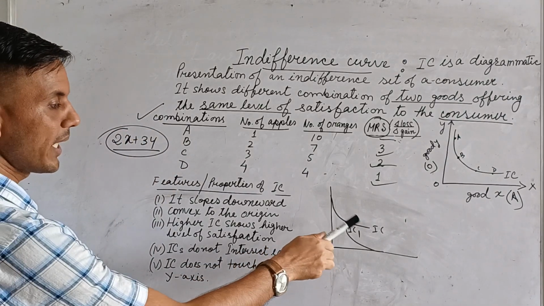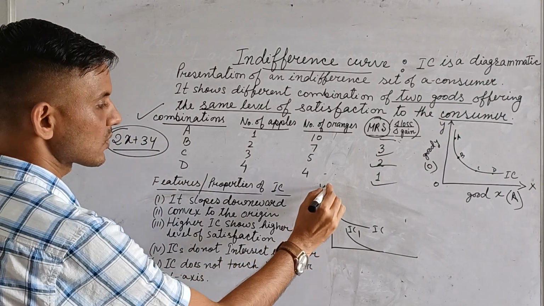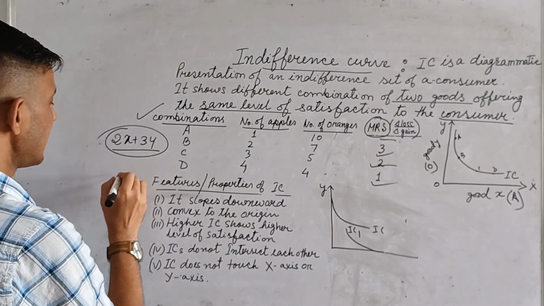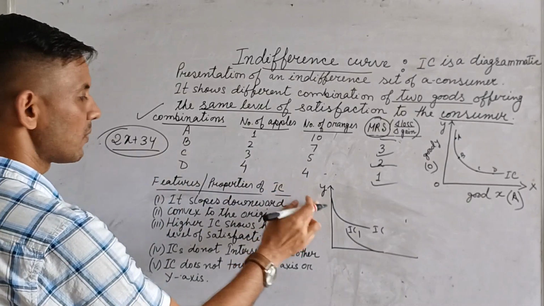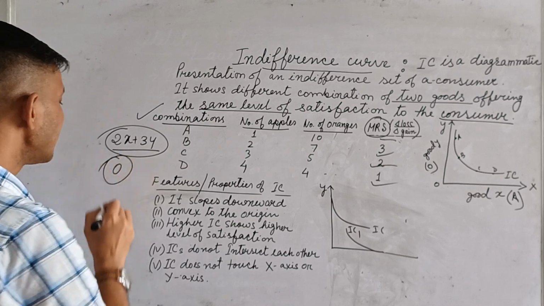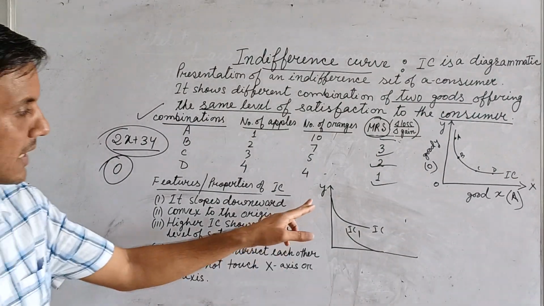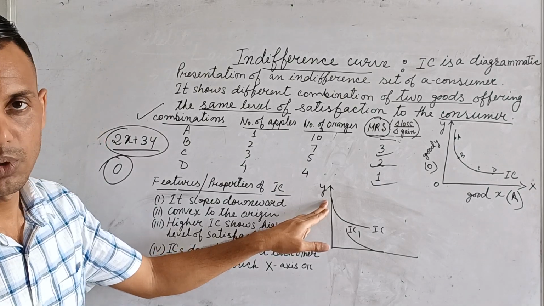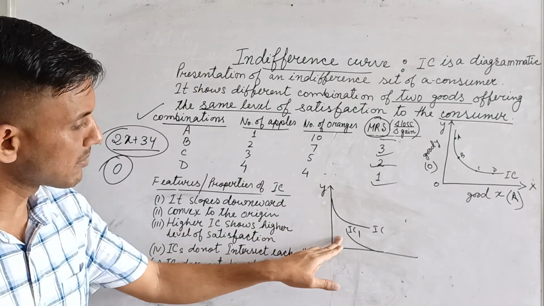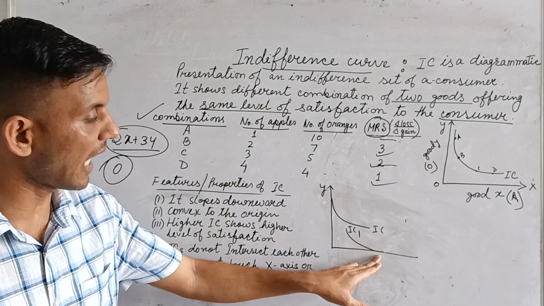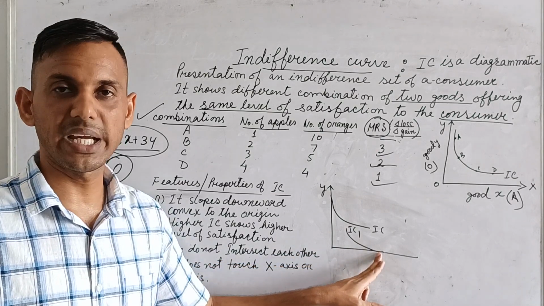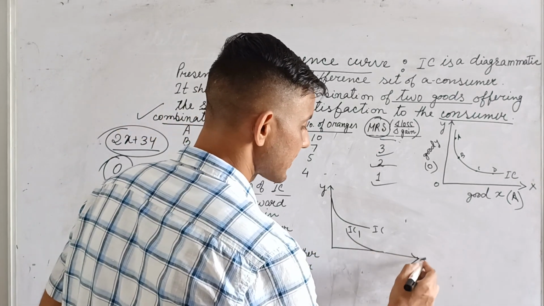But when IC touches the Y axis, what is the meaning? What is the quantity of X here? Sorry, what is the quantity of Y? It is 0. With 0 quantity, it cannot be a combination, because here the Y commodity is 0. Clear? And same thing here, when IC touches the X axis, what is the amount of X? 0.